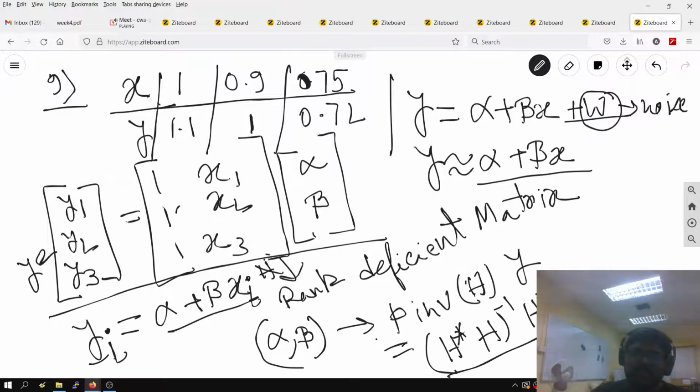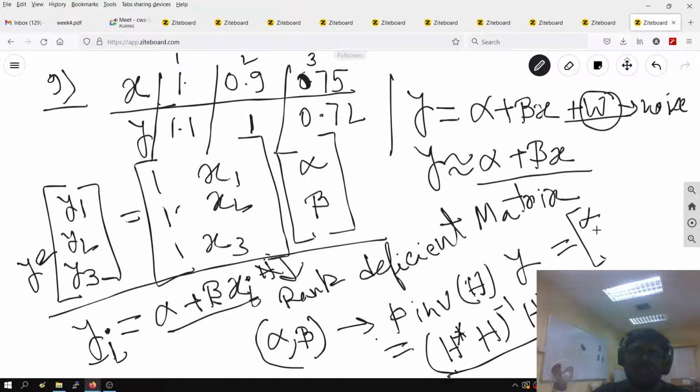If we solve this equation, the values x1, x2, x3 are given to me as 1, 0.9, 0.75. And the y1, y2, y3 values are also given, this is the first instance, this is the second instance, this is the third instance. So if I solve these two equations, just substituting the values, what do the alpha and beta values come to?